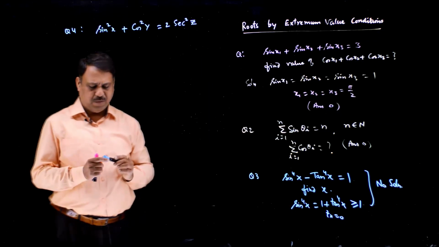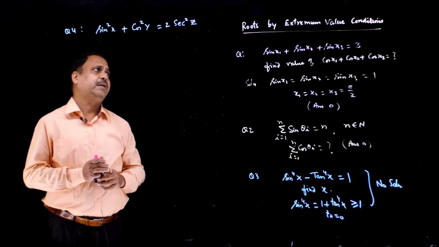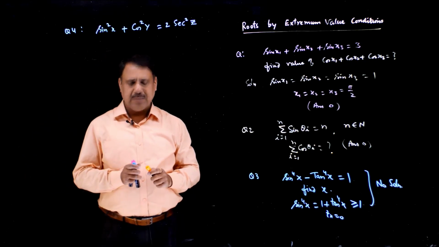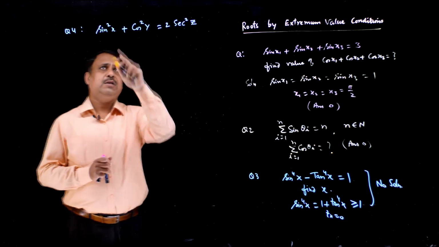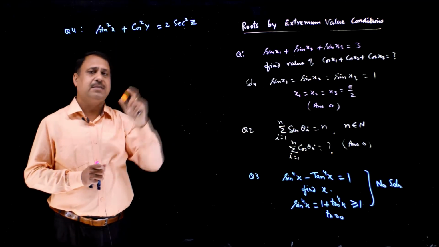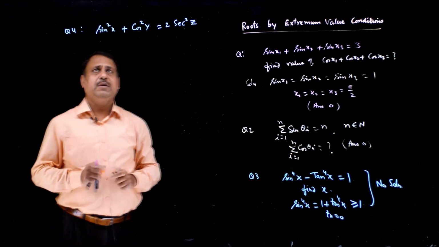This is a very special problem which can be done by trigonometric methods only. Other methods will not work because there are 3 variables, x, y, z, and a single equation. So you have to be careful.